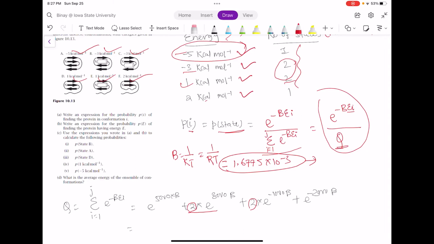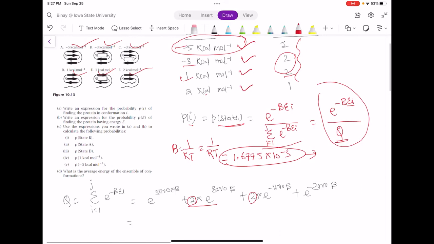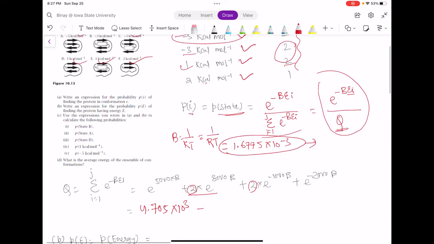After solving all this I get q as 4.705 times 10 to the power 3, a dimensionless value. So P of i becomes e to the power minus beta times the energy state divided by 4.705 times 10 to the power 3.